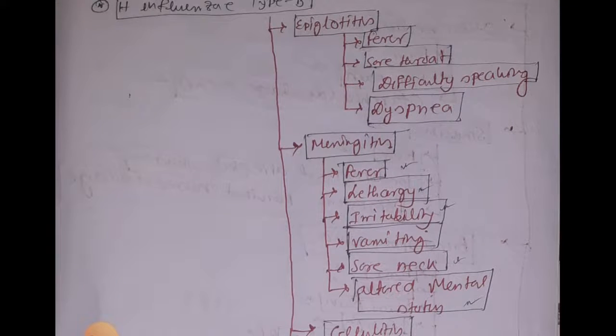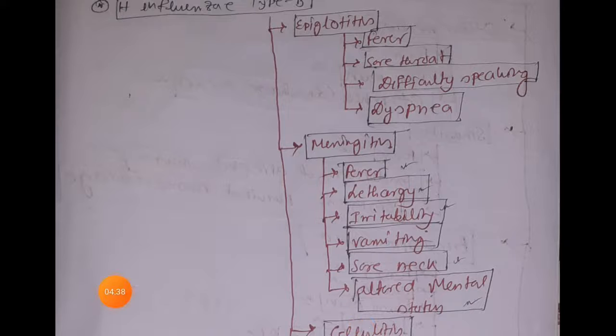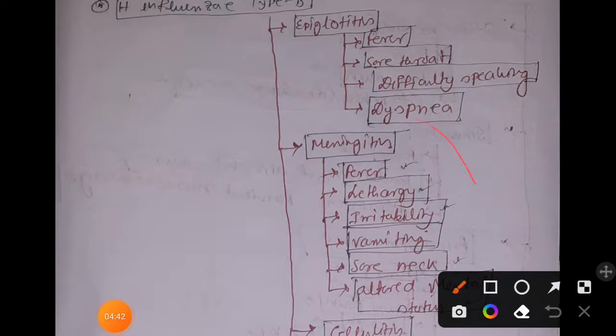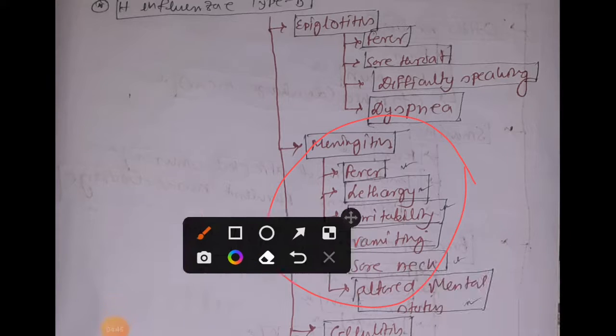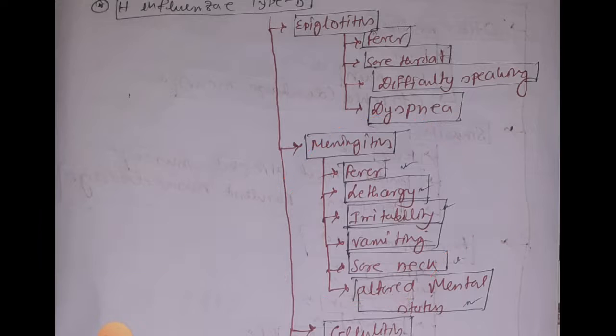The symptoms associated with epiglottitis are fever, sore throat, difficulty speaking and dyspnea. And in meningitis we can observe fever, lethargy, irritability and vomiting, along with sore neck and altered mental status.